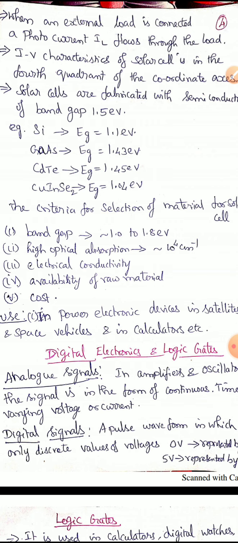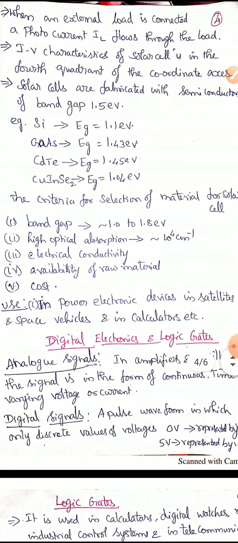The availability of the raw material should be easy, and the cost should also be very low. These are the things to be considered while selecting materials for making a solar cell.